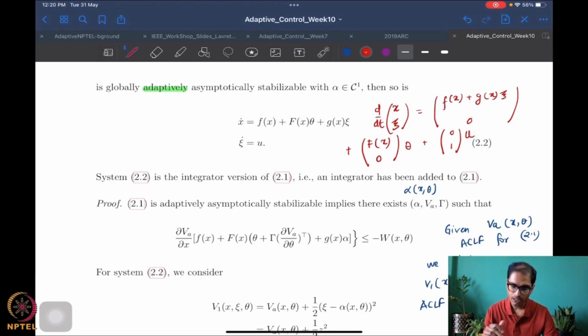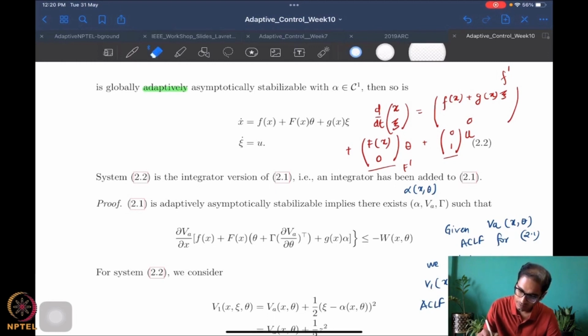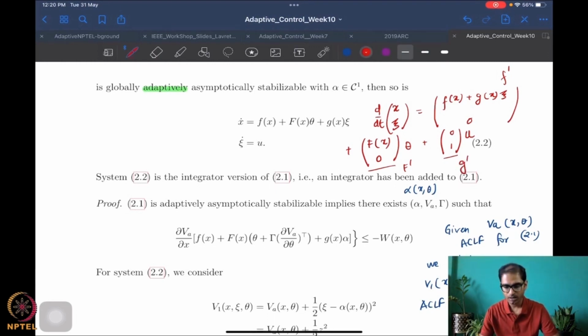This is my f prime and this is my g prime. Everything remains the same, but this gets modified.